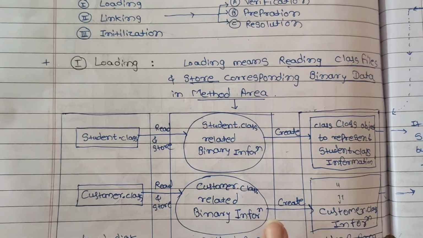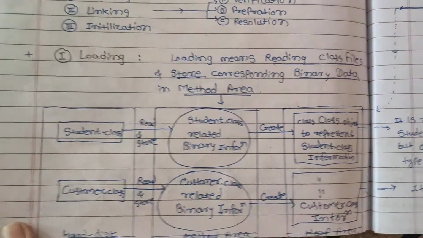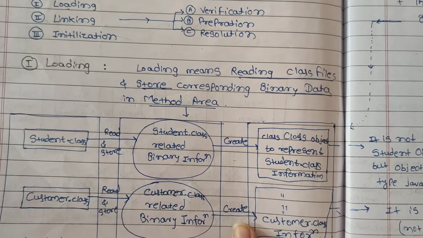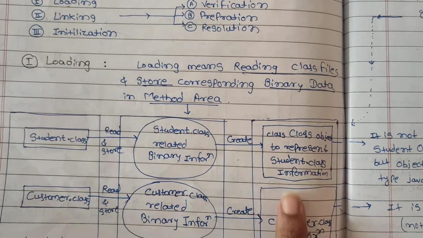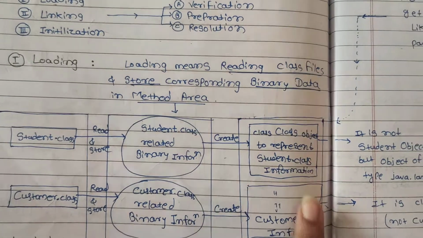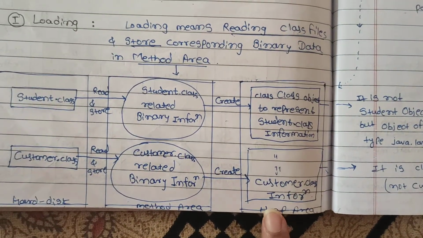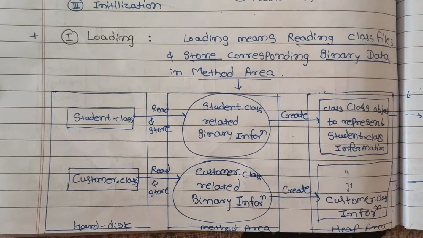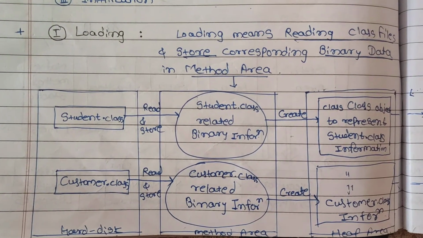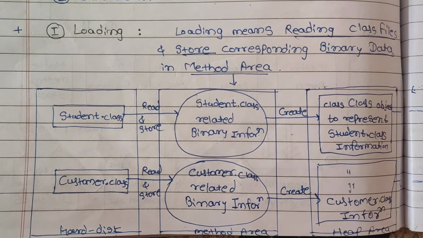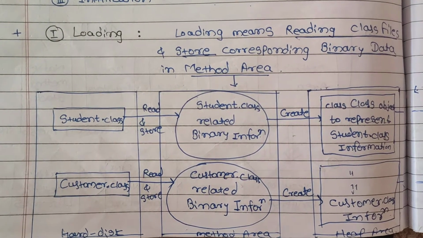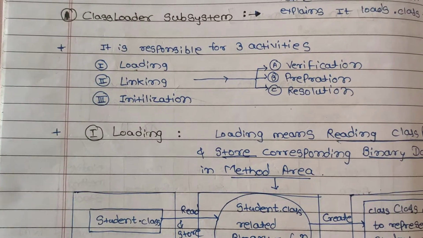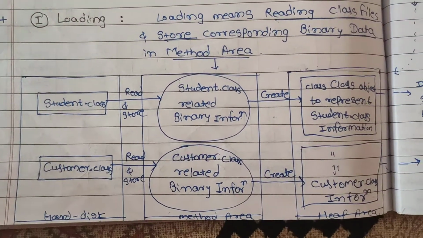Before that, we'll see this one. A class loader subsystem will then create a class object to represent student.class information, and this will be stored in the heap area. So this is the overall definition of what is meant by loading, which is performed by the class loader subsystem.